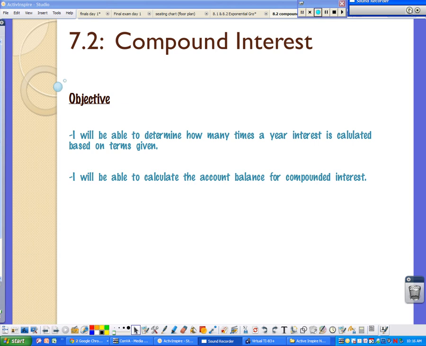Now, before we actually get started, I want to talk a little bit about what compounded interest actually is. Just to pull an example, let's say you deposit $100 into an account, okay? And after a specified amount of time, the bank is going to pay you interest for allowing you to use their money. Let's say after a time they pay you $1.